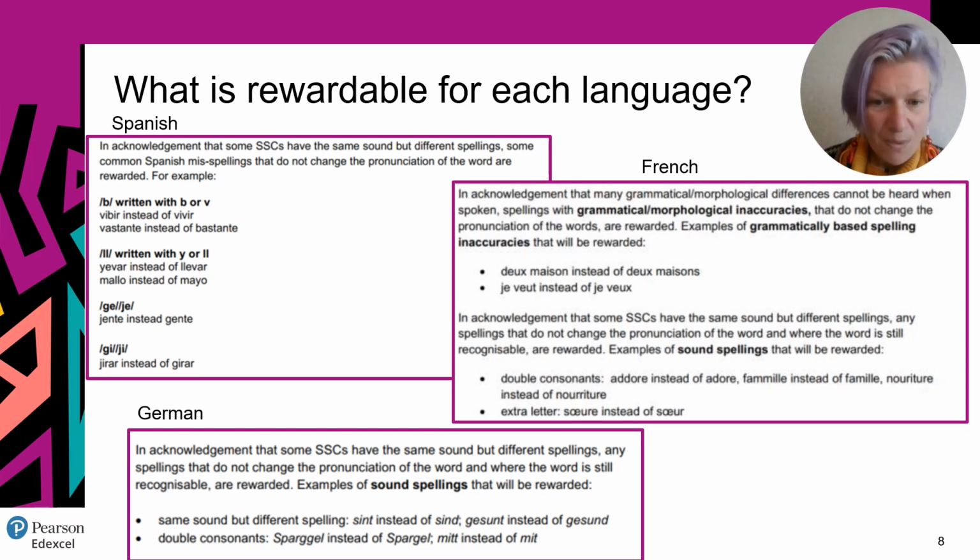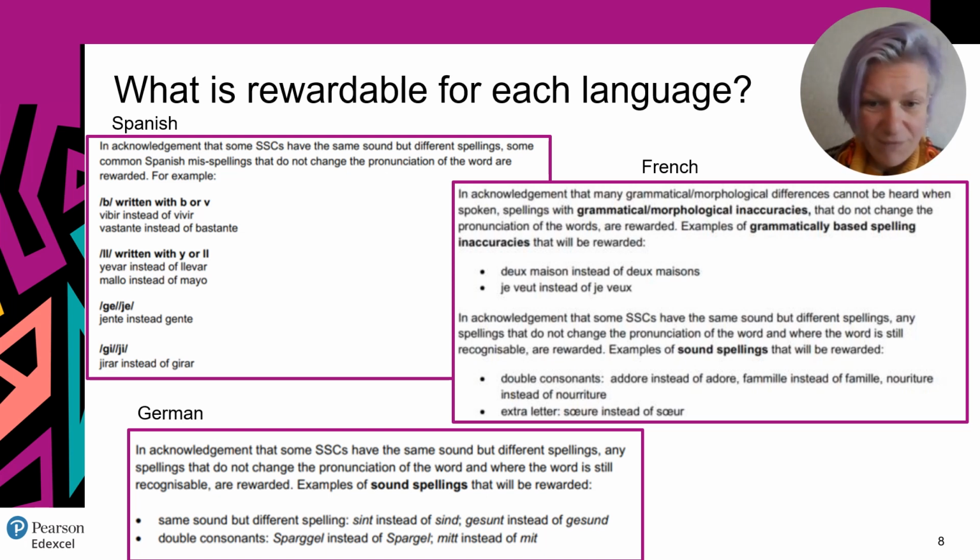For German, we essentially have the similar application of what is rewardable to what we've talked about for French. So the word itself still has to be recognizable, but we also have to be mindful of the fact that the same sound can be spelt in more than one way in some cases.